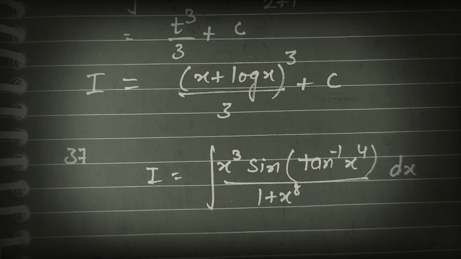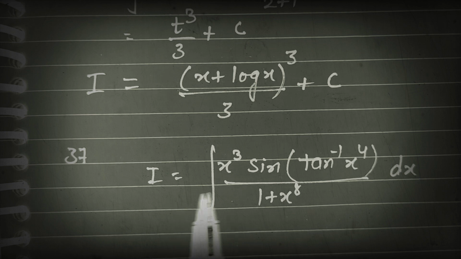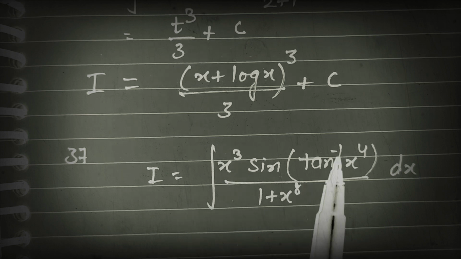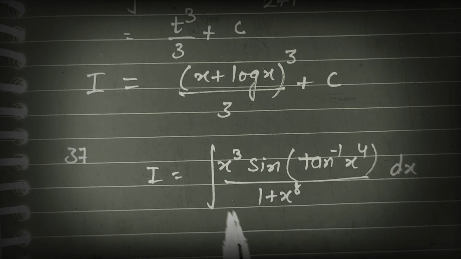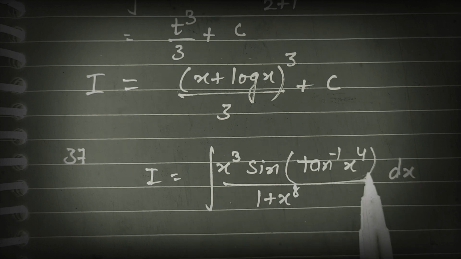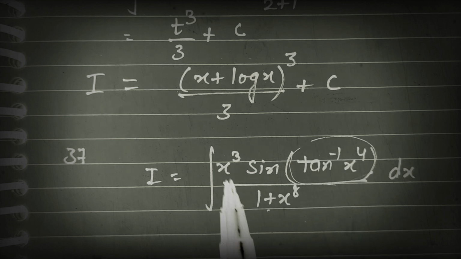Now take one more question, the 37th. I is equal to the integral of x cube into sine of tangent inverse x raised to power 4 upon 1 plus x raised to power 8 dx. Look at this, observe this part. If we take tangent inverse x raised to power 4 as t, this will be in the form of dt.